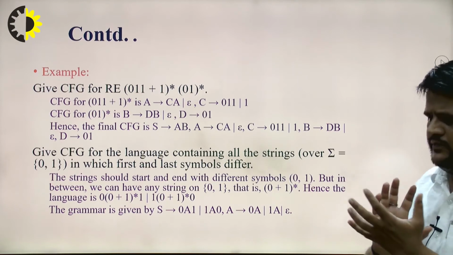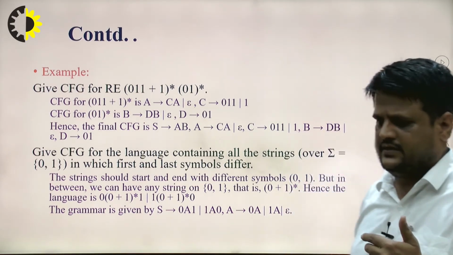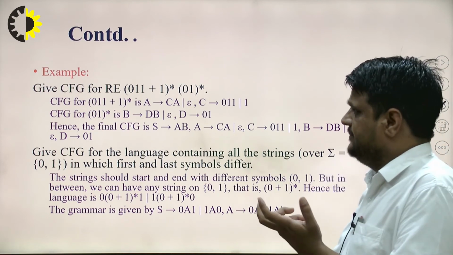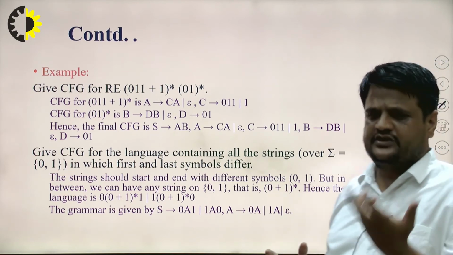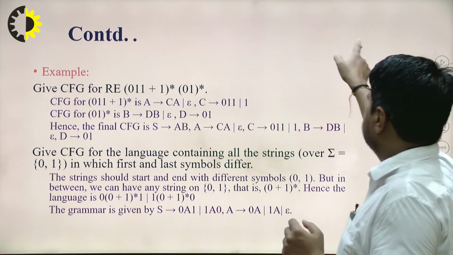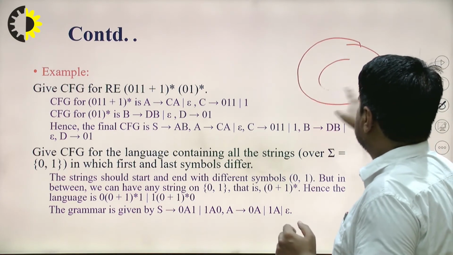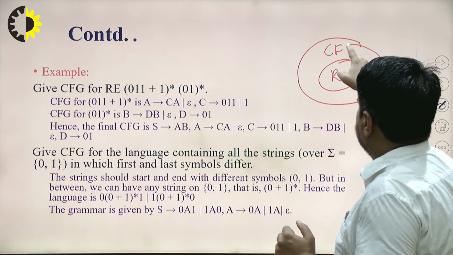Now we will move on to the regular expression. How can we write down the context-free grammar for the regular expression? Basically, a regular language is also described by a context-free grammar. I have already discussed that a regular language is a subset of a context-free language, right?